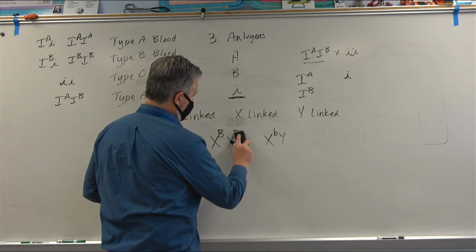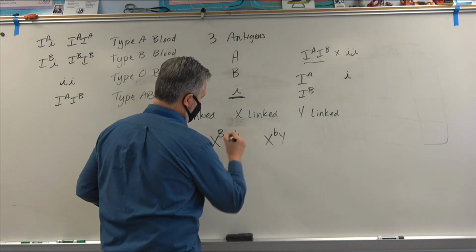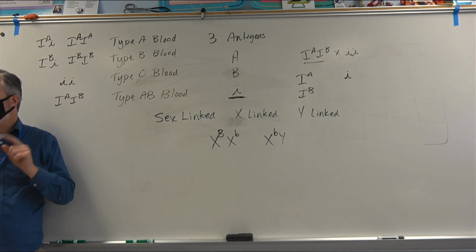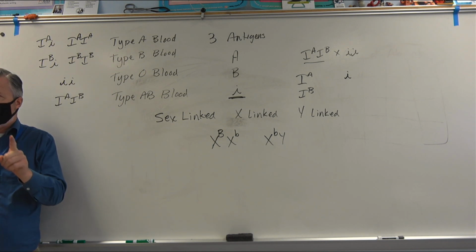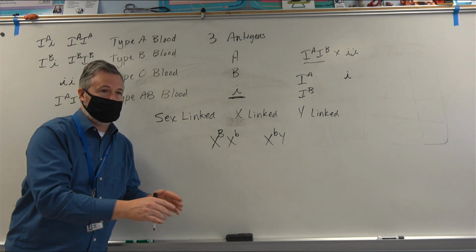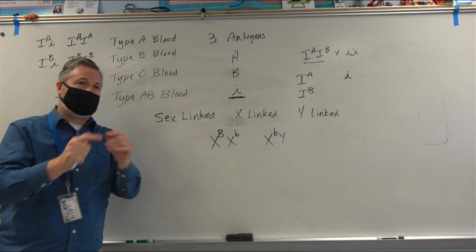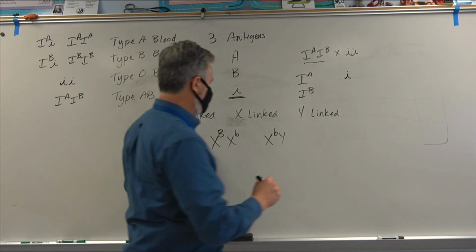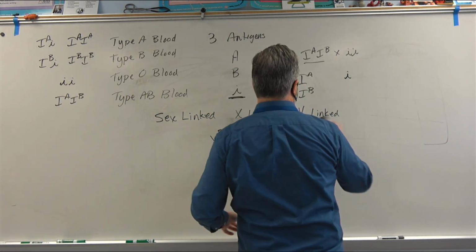If I had a female that was heterozygous, what would be the chances of getting a male that is colorblind? I'm not saying the chances of getting colorblind males, I'm just saying a male that is colorblind. All right, well, let's look at it. Erase this over here.